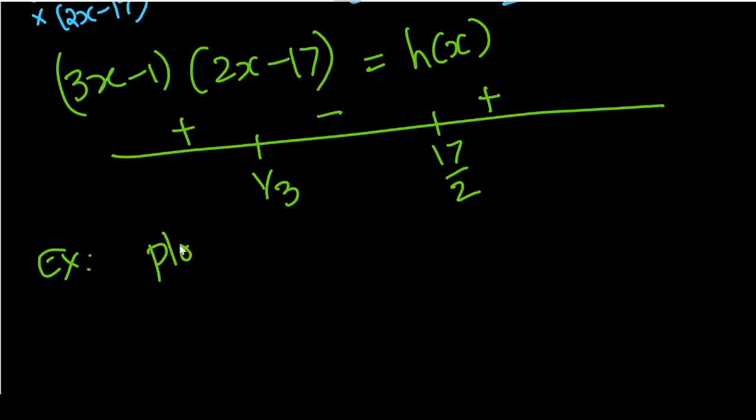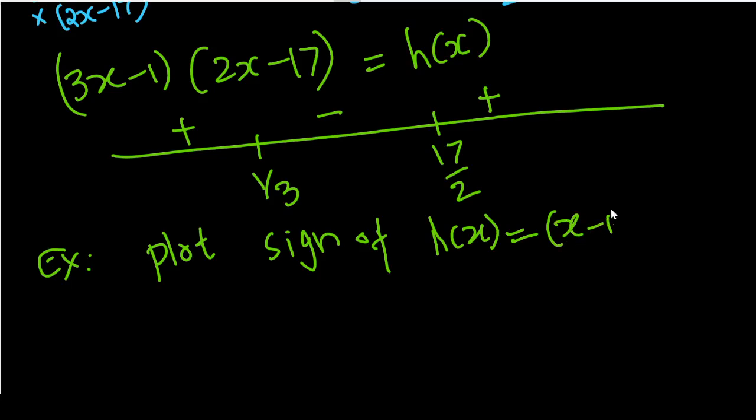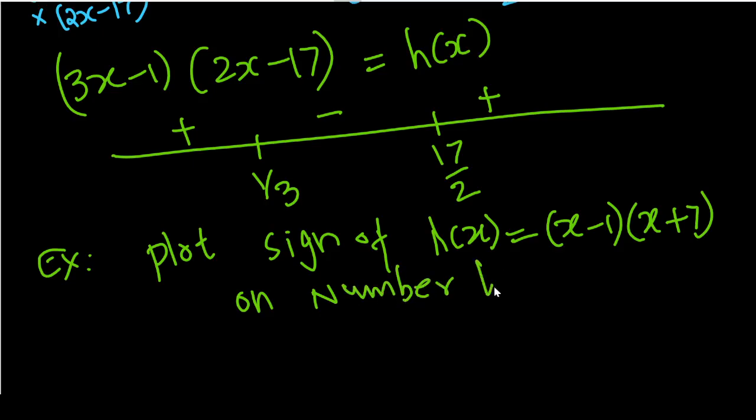Okay, now in the similar way, let me give you a problem. Plot the sign of h(x) equals x minus 1 into x plus 7 on the number line. The same way what you did, the same question I am asking you guys on the number line.